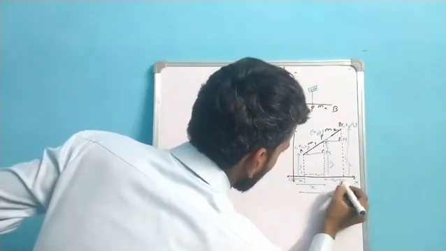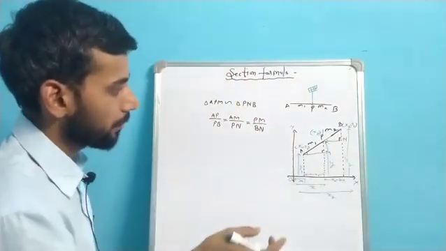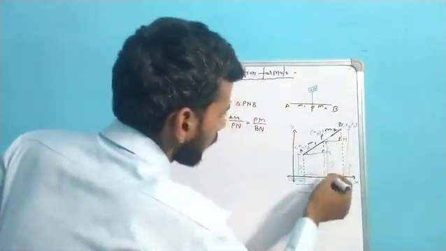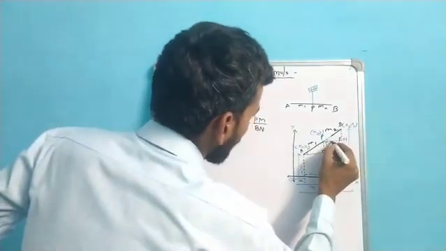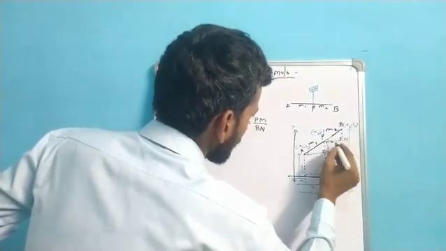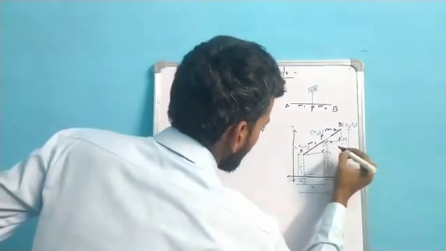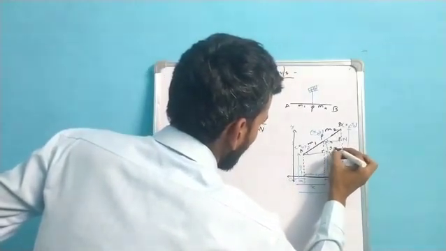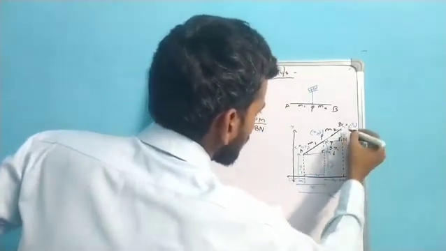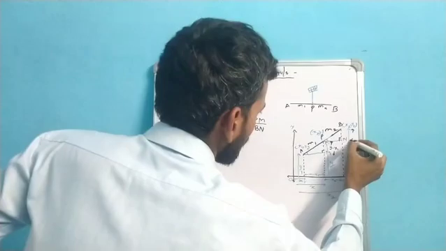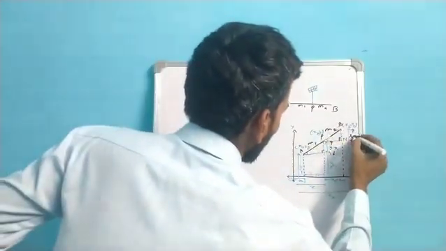For PM, this is y and this is y1, so this distance is y minus y1. Similarly, this distance is y2 minus y.